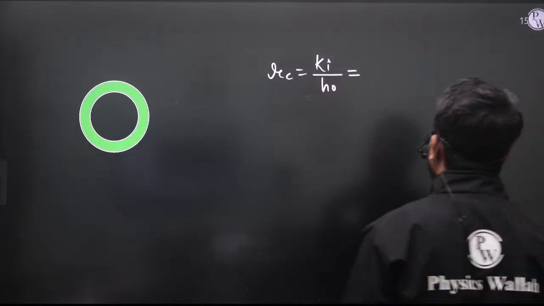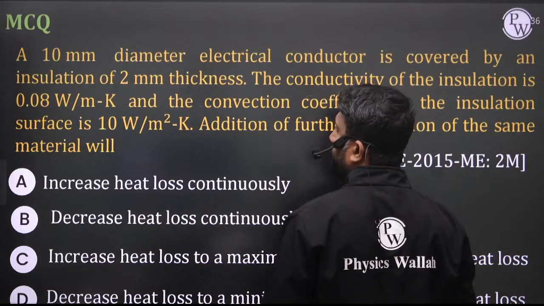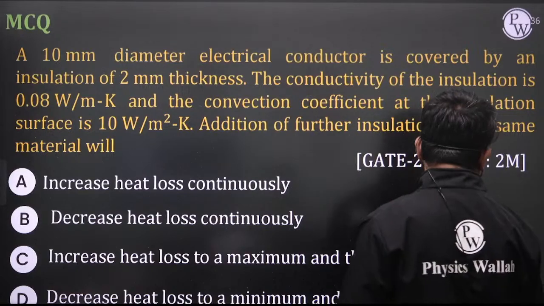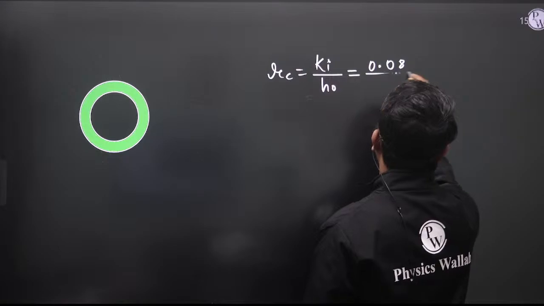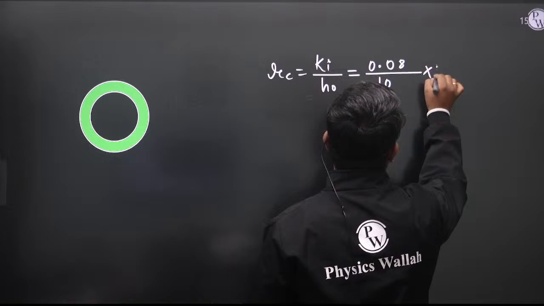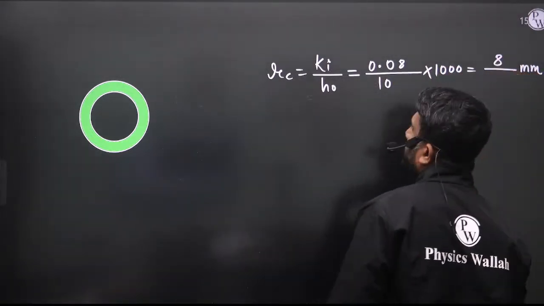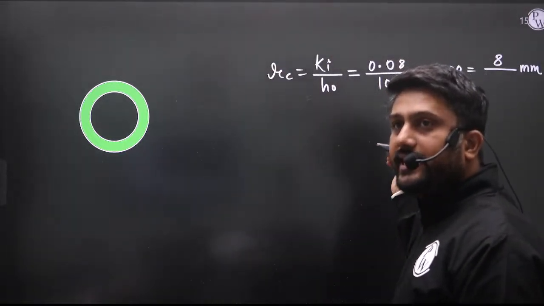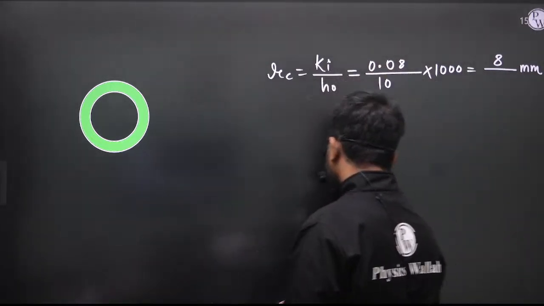The thermal conductivity of the insulation is 0.08 and H value is 10, multiplied by 1000 since this is in millimeter. So this is 8 millimeter. Critical radius is correct, 8 millimeter.